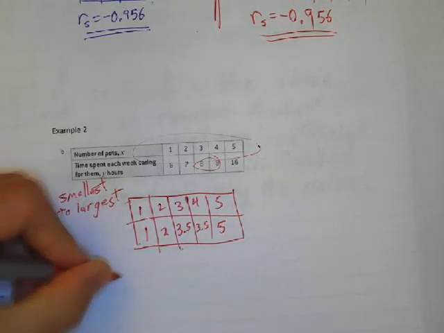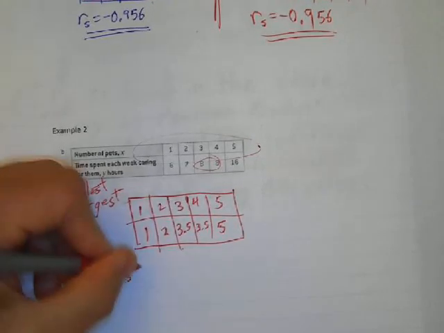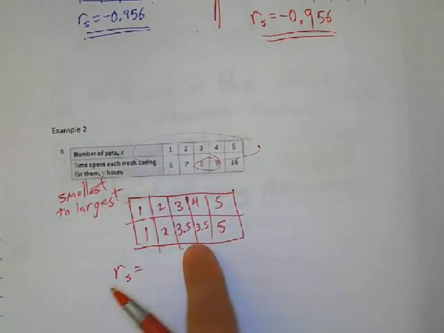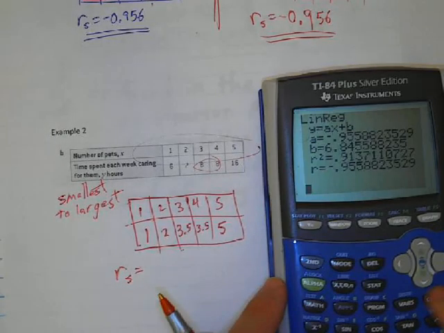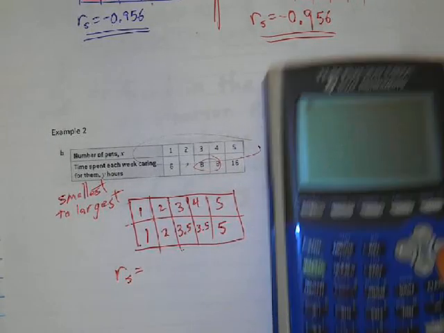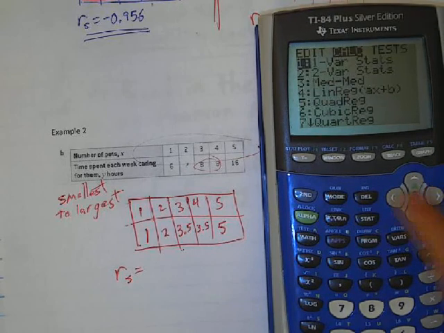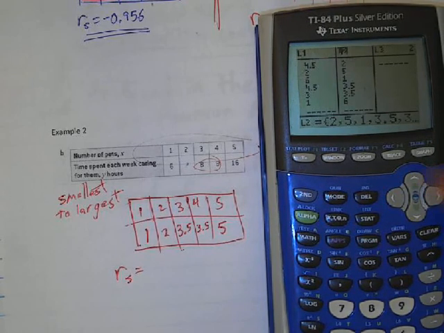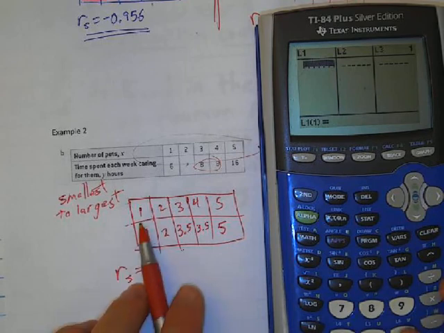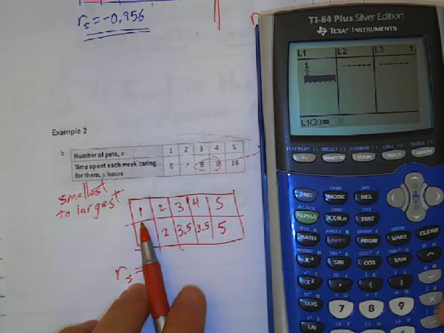So if I want to find the Spearman correlation coefficient, I'm going to use this data, not that. Once again, I'm moving this up so you can see my calculator. Stat, edit, clear, go up here, clear. Okay, so now I'm going to do 1, 2, 3, 4, 5.